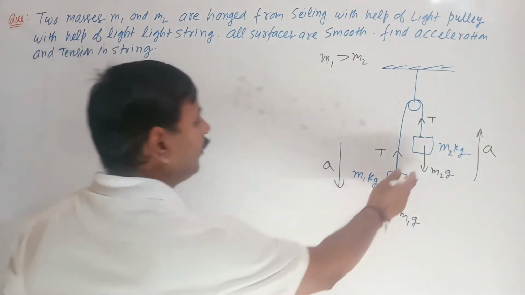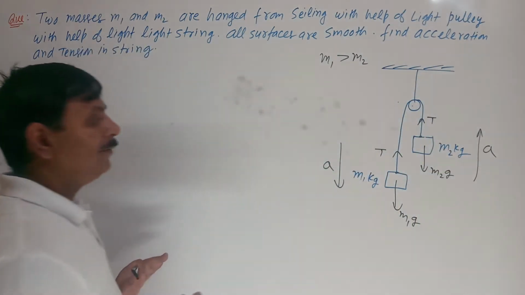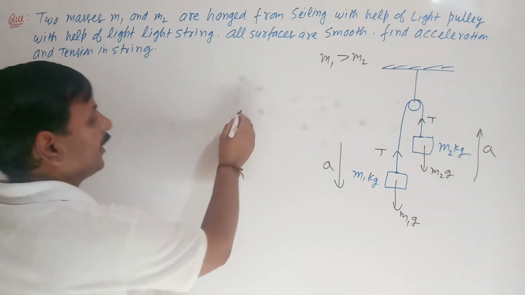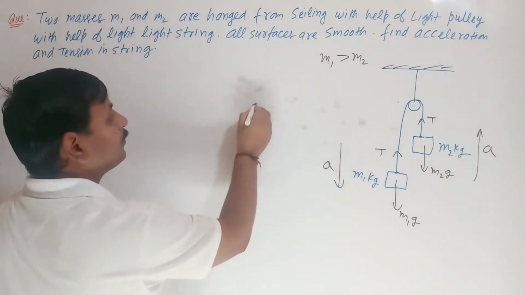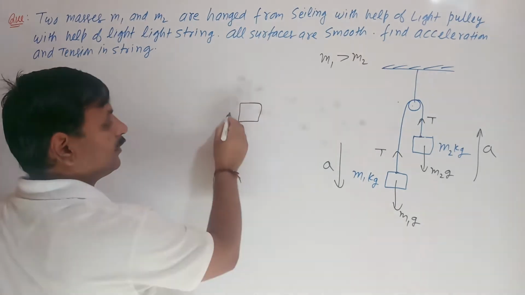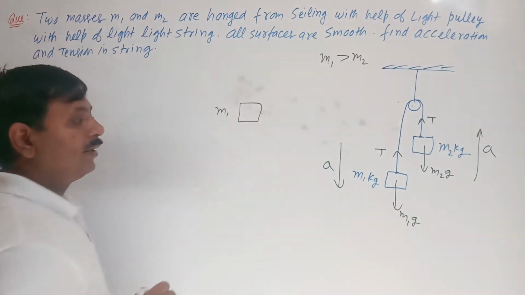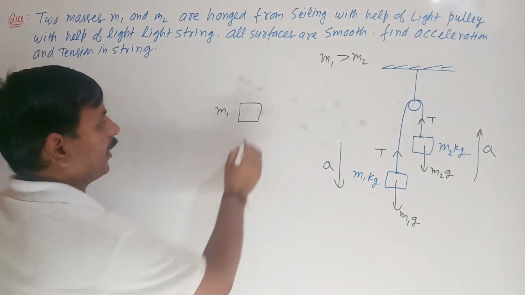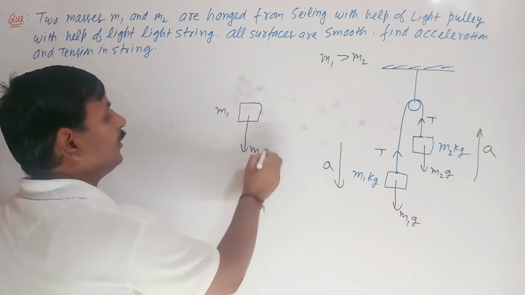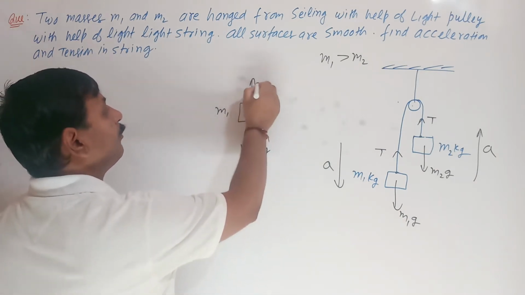Now when we go for the free body diagram of mass M1, two forces are acting: one is M1g downwards and the other is tension upwards.